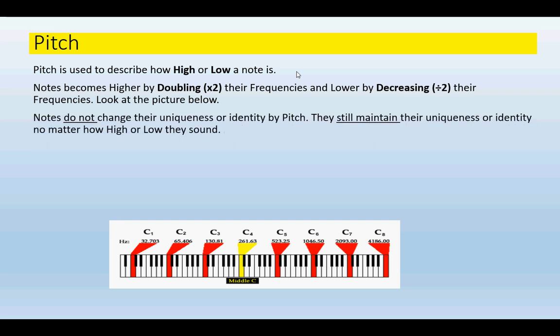Notes do not change their uniqueness or identity by pitch, unlike other sounds that we hear. For example, imagine you are doing an audio recording. You record a drum kick, use audio software, and try to increase the frequency a bit. You hear that the drum is not sounding as it should.